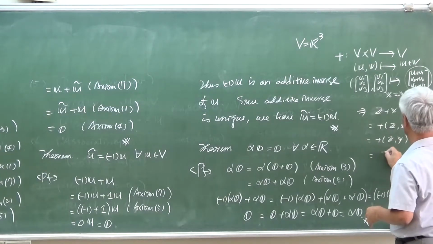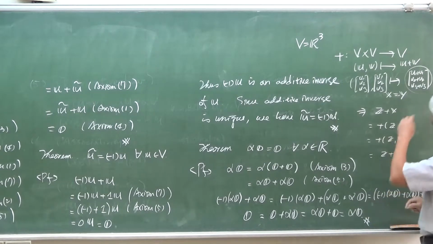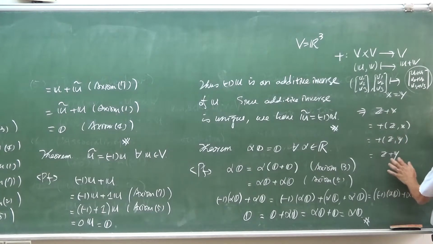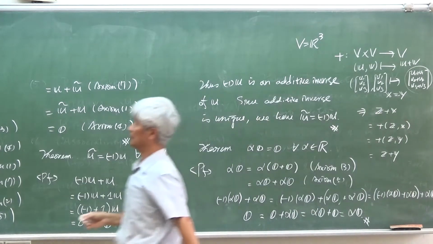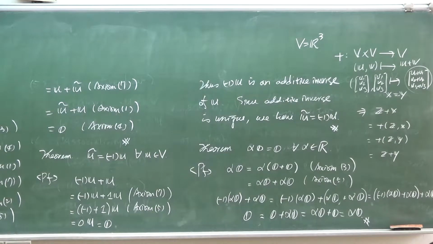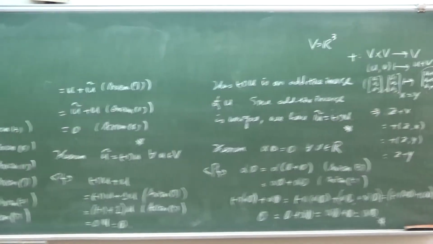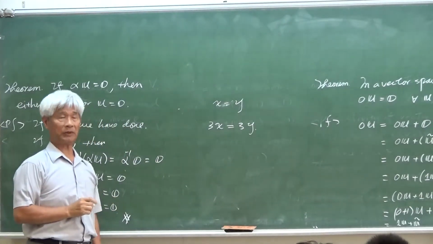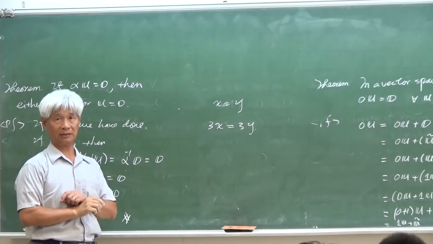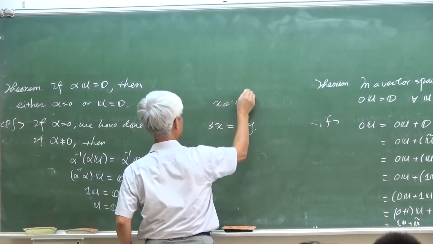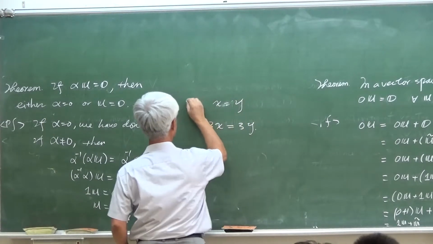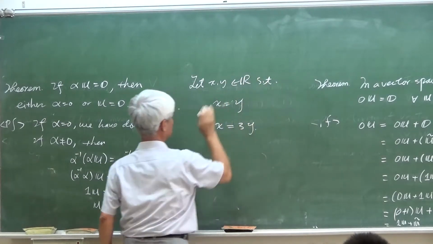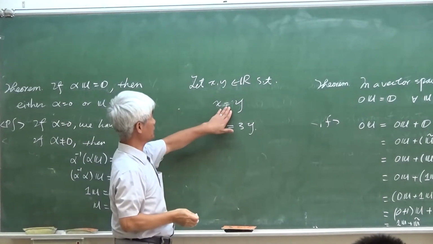Okay, and what is this? So x equal to y implies z plus x equals z plus y. Just like if I know a scalar variable, then 3 times x is equal to 3 times y. We know that because 3 is a non-zero scalar. But suppose we have two real numbers and we know they are equal.